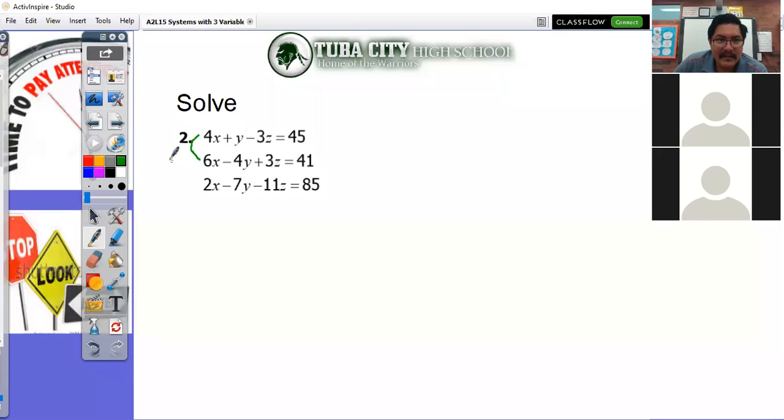So that was another tough one. All right, so let's go ahead and start working on these two here. So now we have to decide which variable we are going to cancel out first. So again, we have a choice. We can do x, which looks like a pretty good one because all three of these numbers can become 12, or something else.